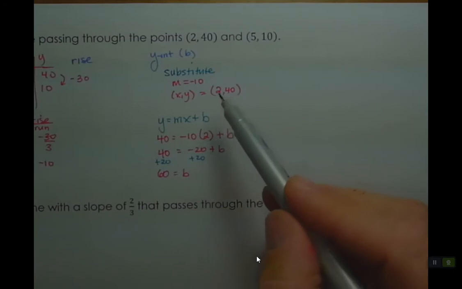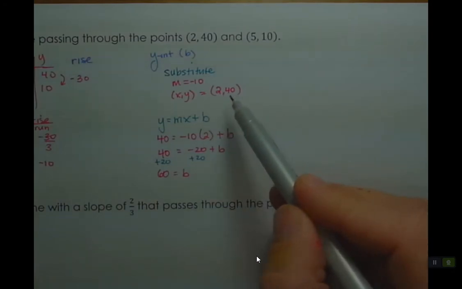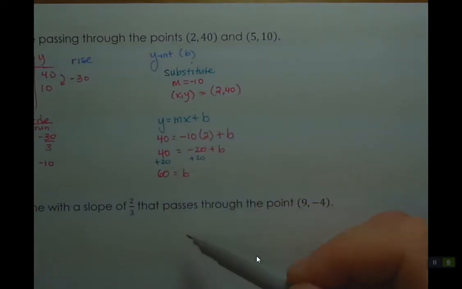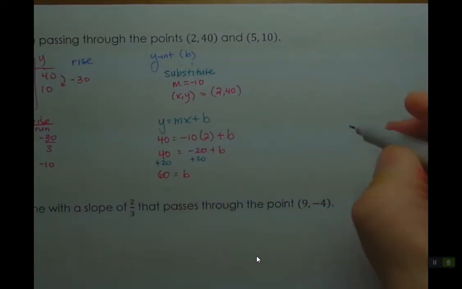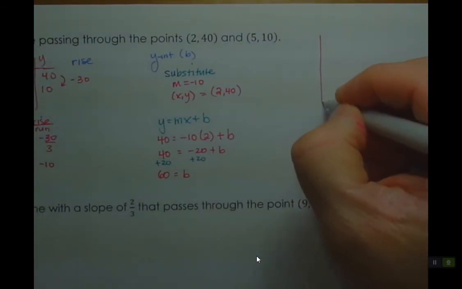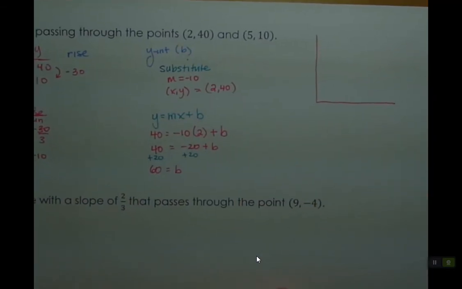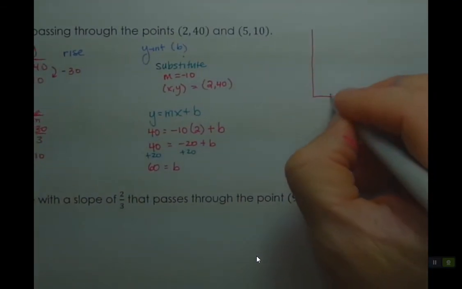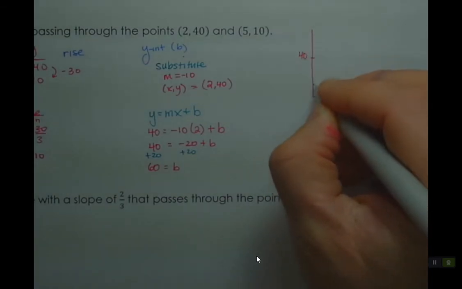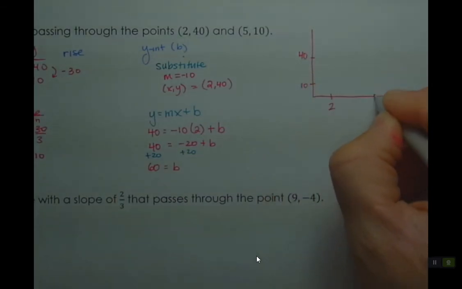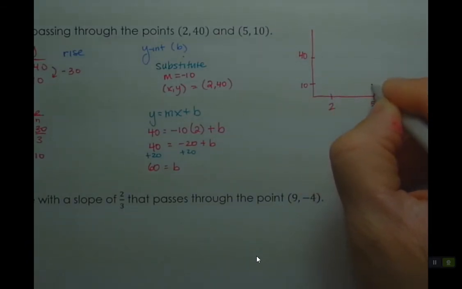I chose 2 and 40, and I got an answer of 60. Does that really make sense? Sometimes you can do a little sketch. So let's say here's 2 and 40, and then we have 5 and 10 here.